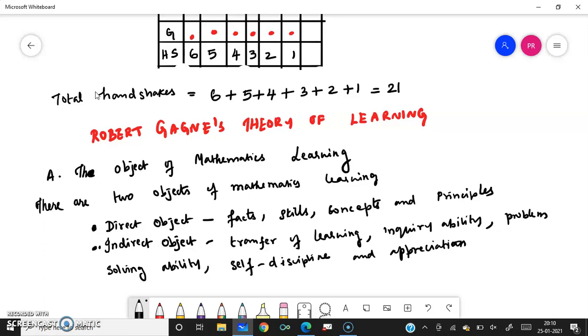You can call these the structures of mathematics.